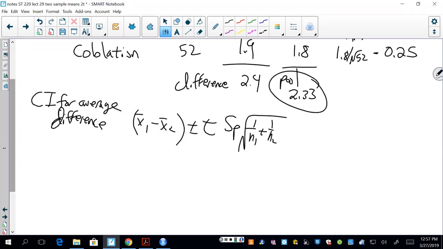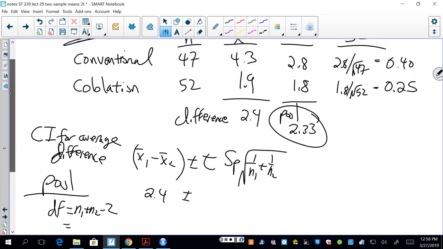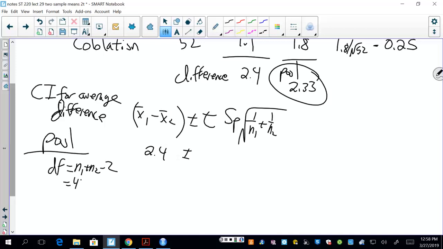So the difference is 2.4 on the 10-point scale. We need degrees of freedom. For pooling, n1 plus n2 minus 2. So 47 plus 52 minus 2 is 97 degrees of freedom.